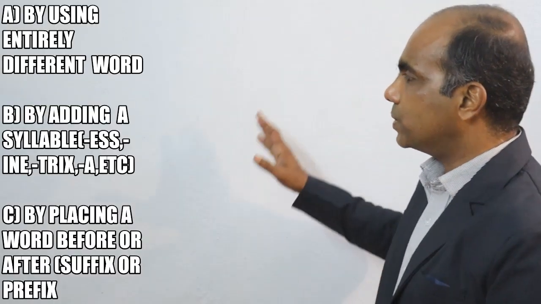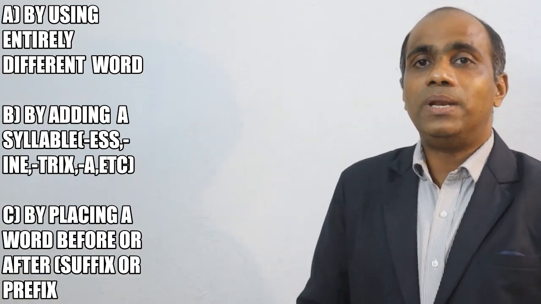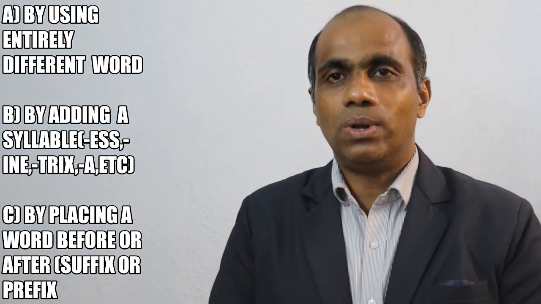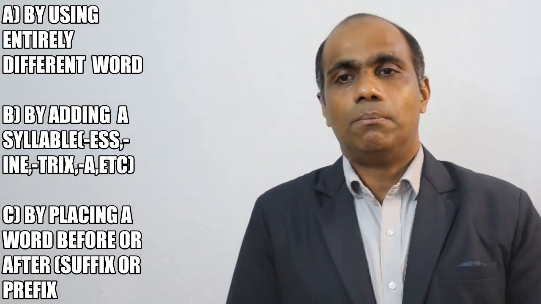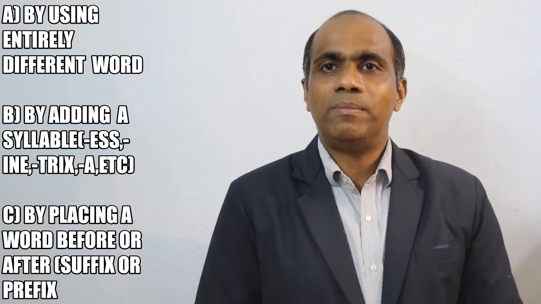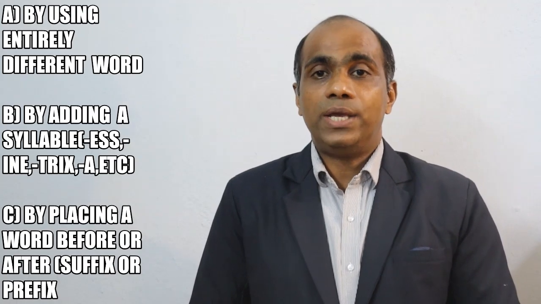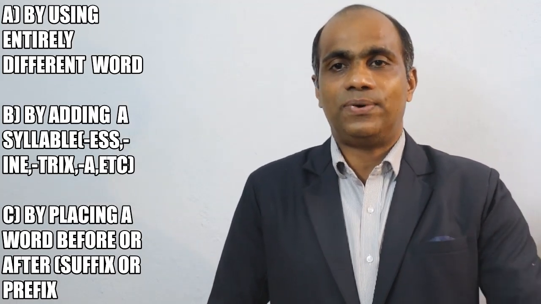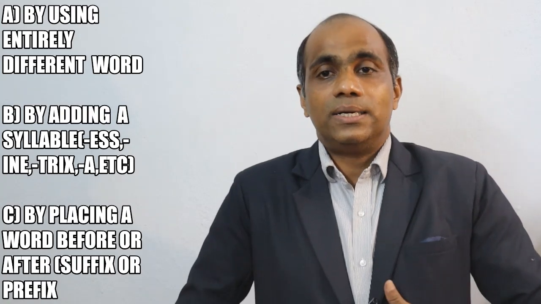Now, ways of forming the feminine nouns. How to form feminine nouns from the masculine nouns. There are three different ways by which a masculine noun is changed to a feminine noun. First, by using an entirely different word.